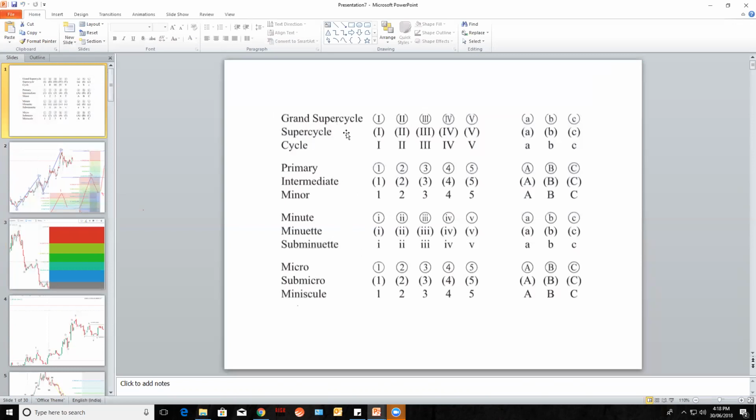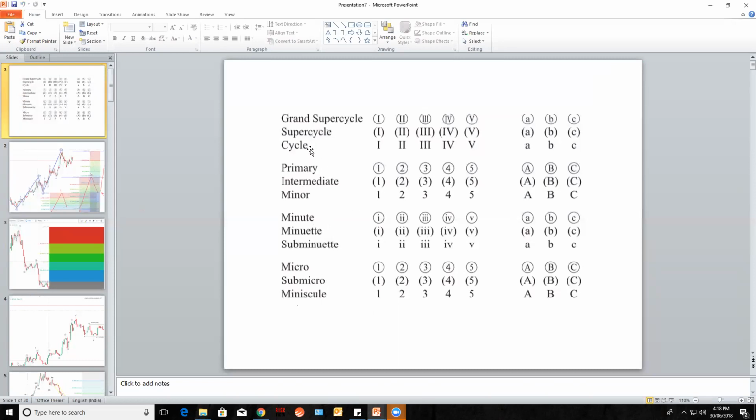Let's say this is a yearly chart. This is a monthly chart. Let's say it's a weekly chart. It's a daily chart. It's an hourly chart. Half an hour chart. 5 minute chart. Let's say 1 minute chart. To name them, they named it like this: 1 minute chart, 5 minute chart, 15 minute chart, half an hour chart, hourly chart, daily chart, weekly chart, monthly chart, yearly chart, and 10 yearly chart, 100 yearly chart, 1000 yearly chart.